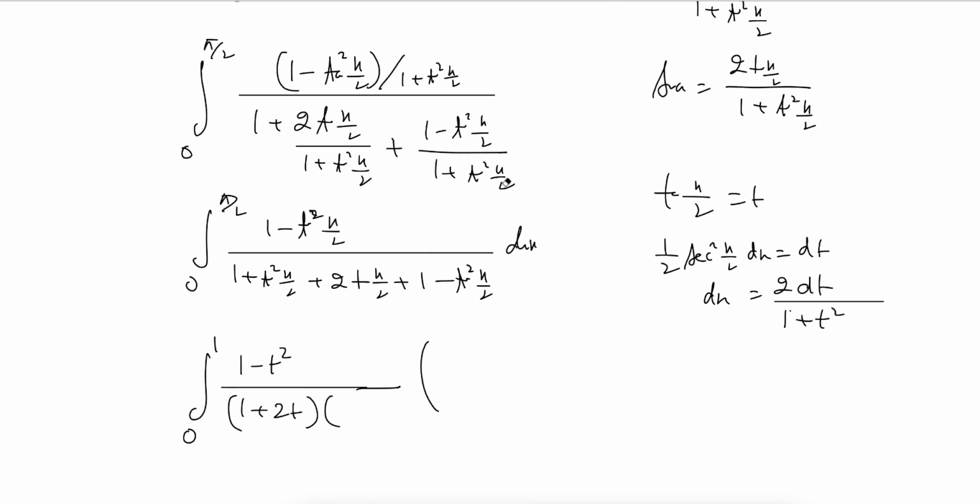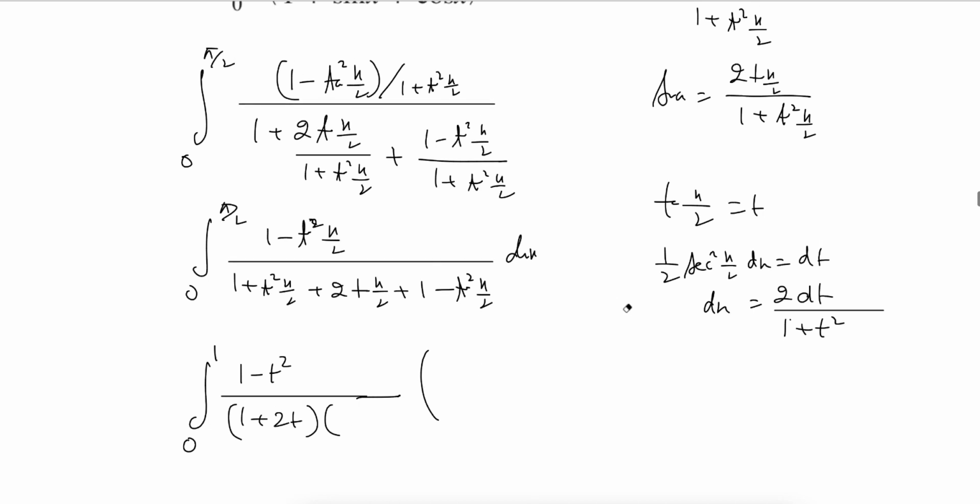1 minus t square by, this is cancelled. 2 plus 2 plus 1 plus 1, 2. This 2 will come.